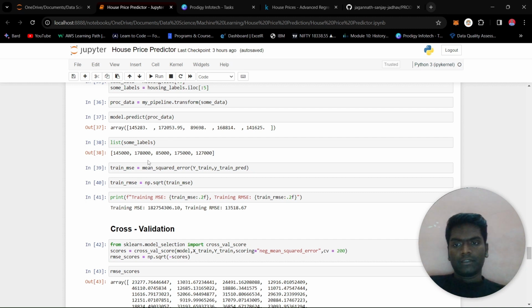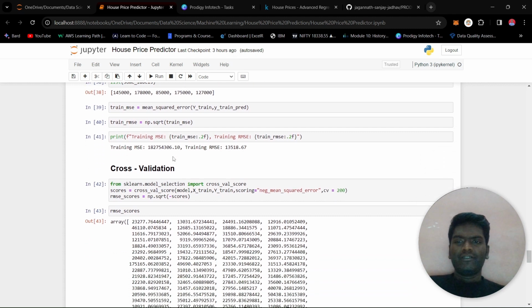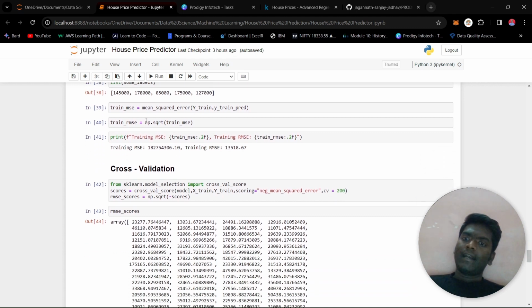To minimize these errors, we'll calculate the mean squared error from the training prediction and the actual training which has been done on the model. Then we'll find the root mean squared error. We'll just take an easy function, np.sqrt, and feed train MSE inside it, so we'll get MSE and RMSE.